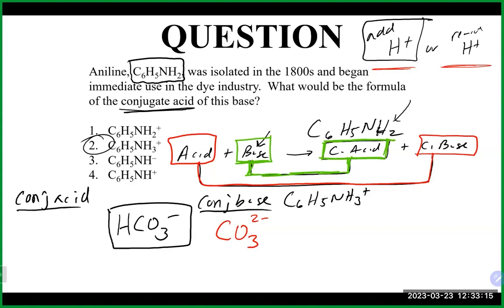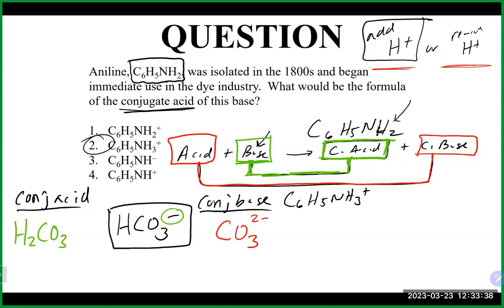So in this case, we're going to put the H plus onto this. When we put the H on, we end up with an H2 and a CO3, plus 1 and minus 1 equals 0. So we end up with carbonic acid here, H2CO3. Question on that there?